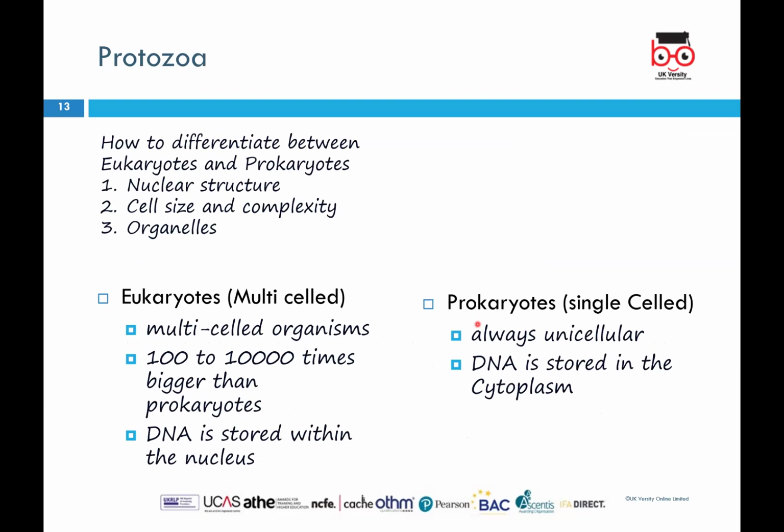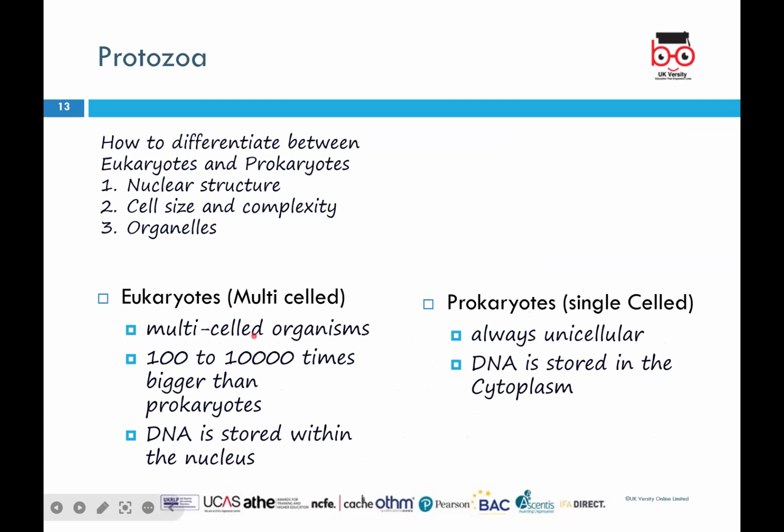So, how do we differentiate between prokaryotes and eukaryotes? It depends upon their nuclear structure, how it is structured, the cell size, how complex the cell is, and the organelles within them. We human beings are multicellular. We are eukaryotes.